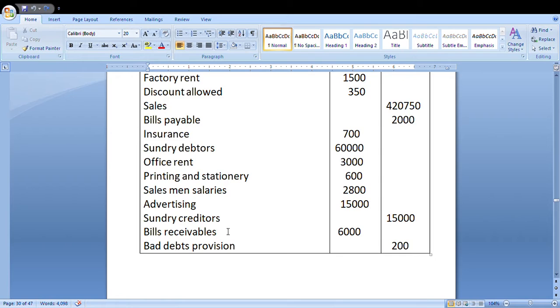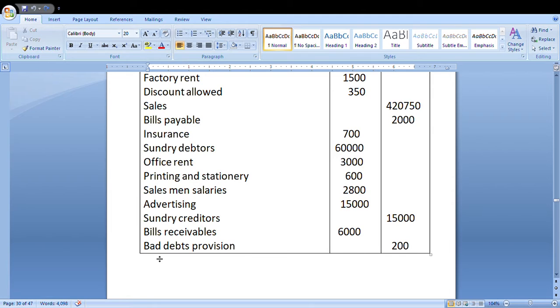Sundry creditors. It is a liability. This enters the balance sheet liability side. Liabilities mean borrowings. Bills receivable. This is also an asset. You enter it on the asset side of the balance sheet. Bad debts provision.